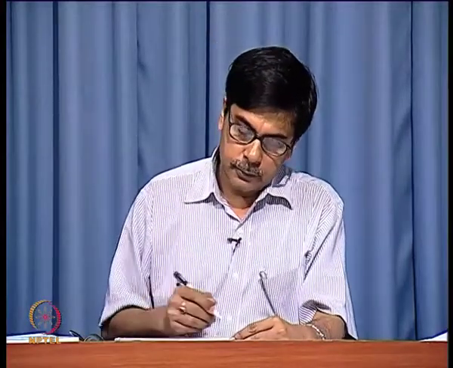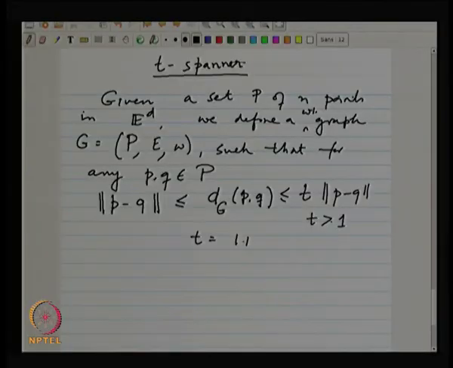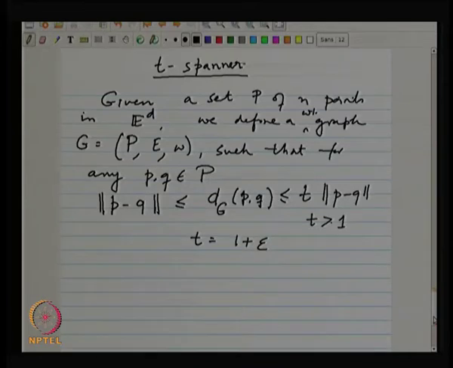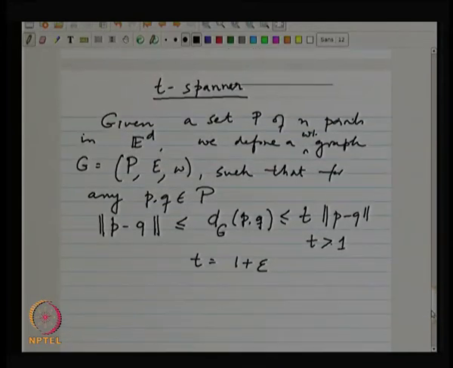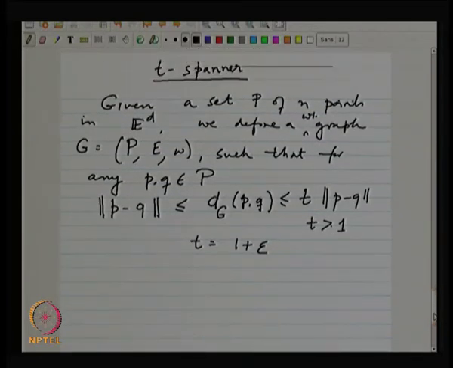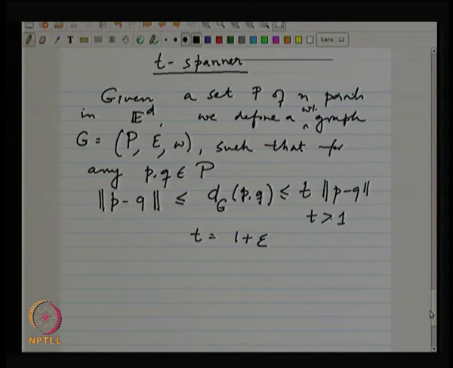Now, suppose I use t equal to 1 plus epsilon. How does one go about constructing this? What is the advantage of this? Why are we doing all this?